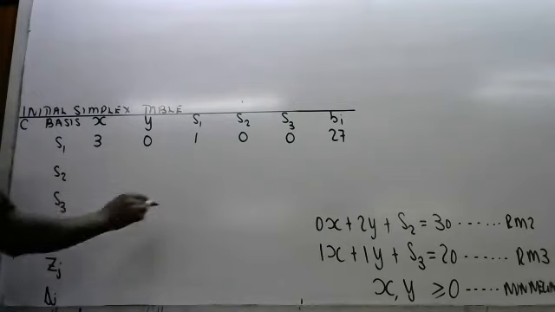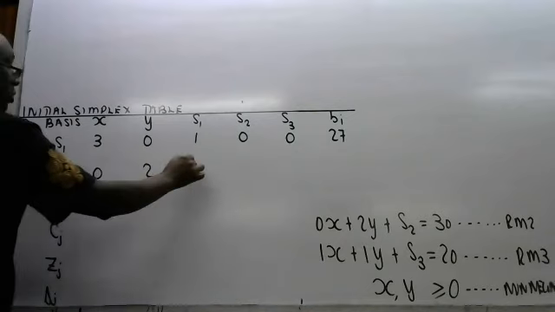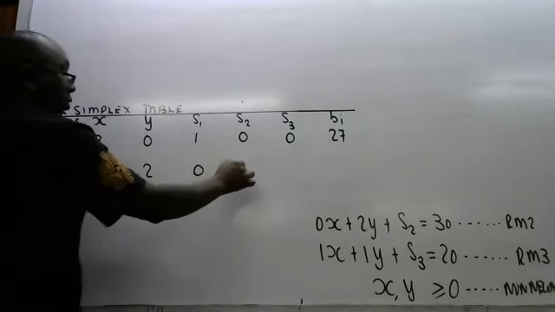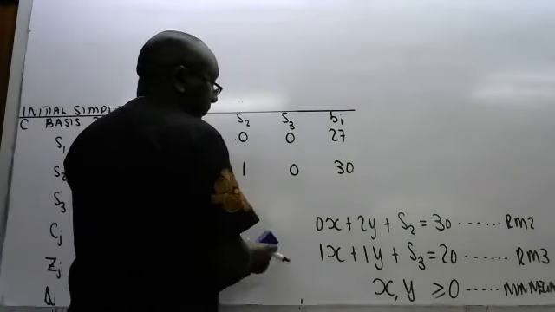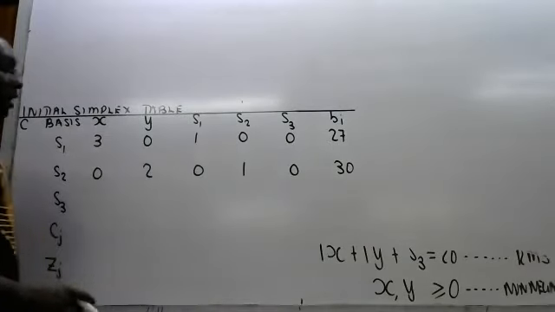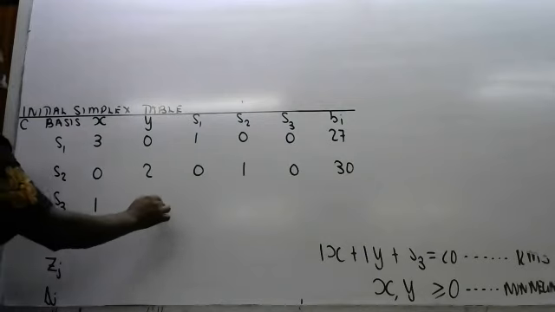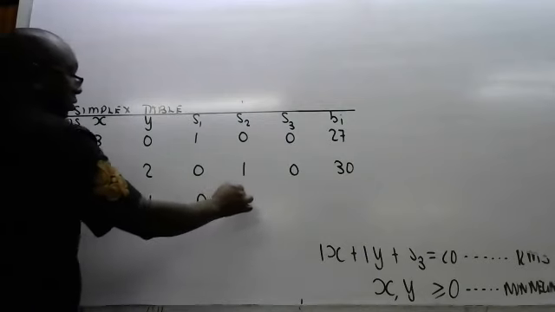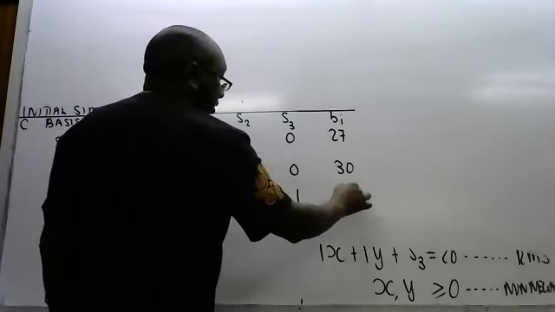Second line, where we have S2, it is 0, 2, 0, 1, 0, and 30. The third line is 1, 1, 0, 0, 1, and 20.